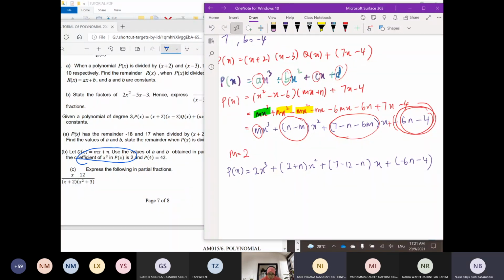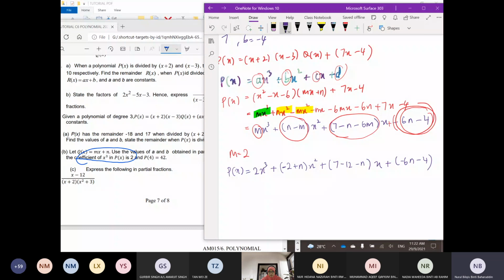Negative. M is 2, so this one is negative 2. Good, well done. So 2x cubed plus negative 2 plus n x squared plus 7 minus 12 minus n x plus 6n minus 4.